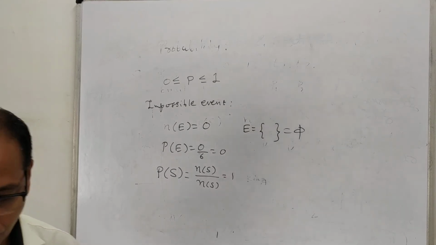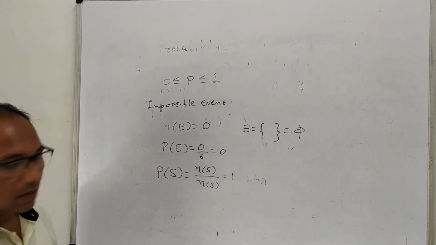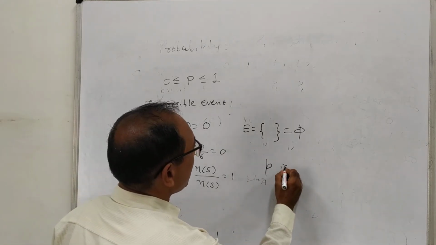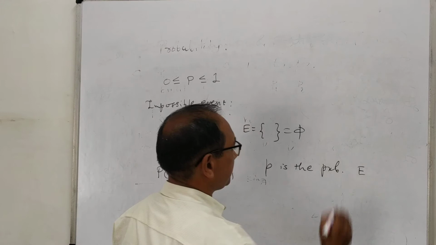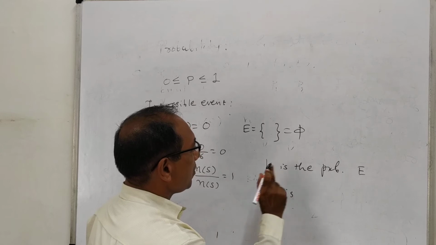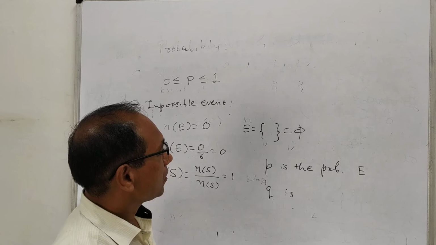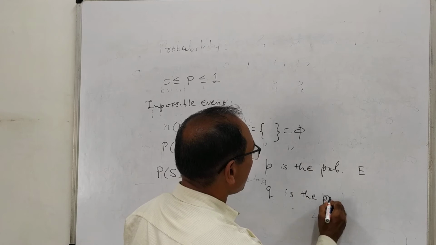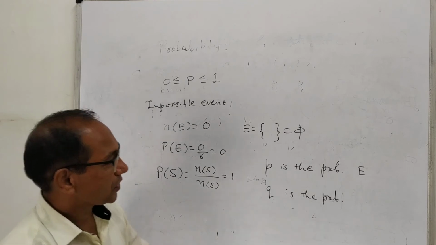Now suppose P is the probability of an event E, that means P is related with the occurrence of E, and suppose Q is the probability of non-occurrence of E. Non-occurrence means the opposite side of this one.